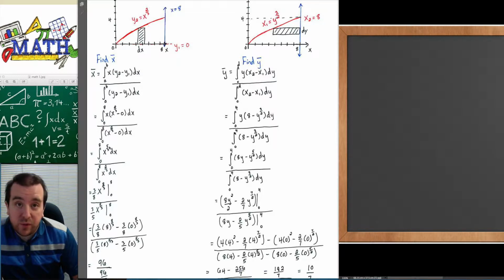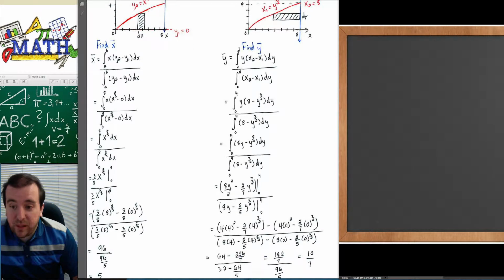First of all, 5 over 3 plus 1 is actually 8 over 3, just simple fraction addition. Then divided by 8 over 3, I just flipped that to become 3 over 8, as you probably saw in the first video. And I did the same thing with the bottom: 2 over 3 plus 1 is 5 over 3, and divided by 5 over 3, you flip that to become 3 over 5.